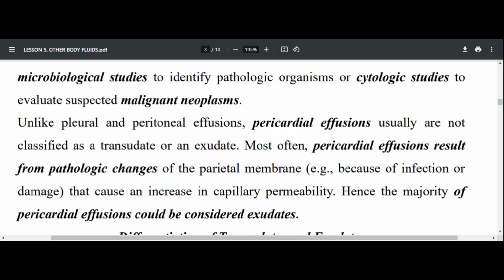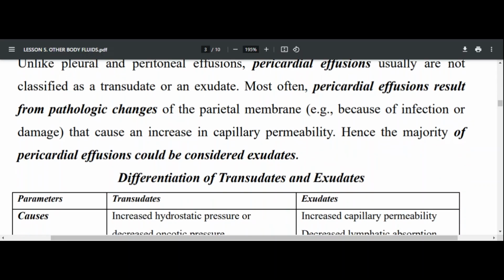Most often, pericardial effusion results from pathologic change. Always, when it is seen, it is a problem of pathologic change. It's not just a normal problem. So the majority of pericardial effusions could be considered exudates, because mostly they are associated with pathologic processes. You cannot say that pericardial fluid is a transudate. That cannot make sense.